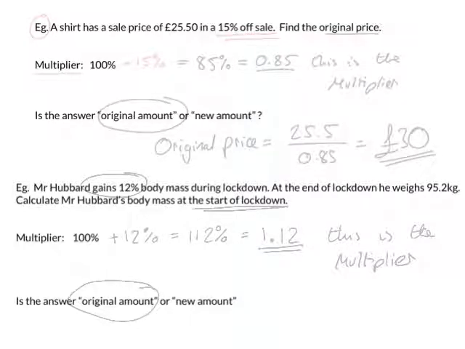So I have to use that second formula again. We are going to be putting our new amount over the multiplier into our calculator, and when we do that, we come out with 85.